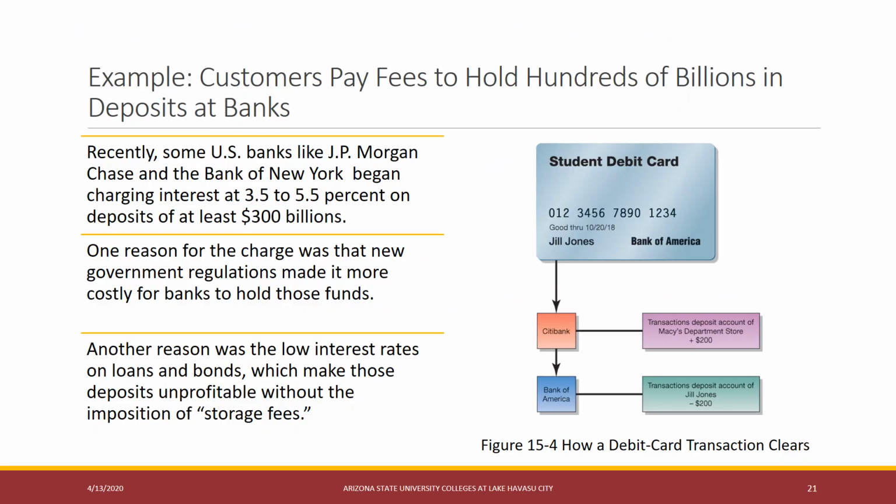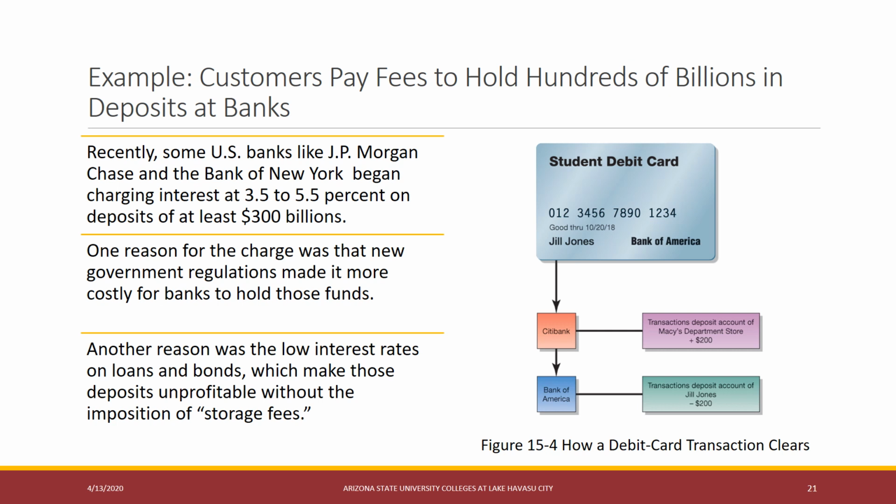Here is an example relating to customers who pay fees to hold hundreds of billions in deposits at a bank. Recently, some of the US banks like JP Morgan Chase and the Bank of New York began charging interest at 3.5 to 5.5% on deposits of at least 300 billion.